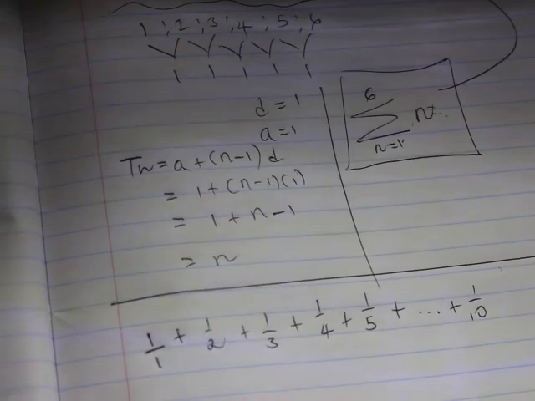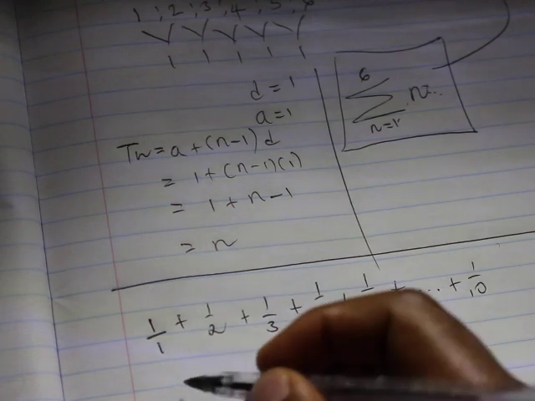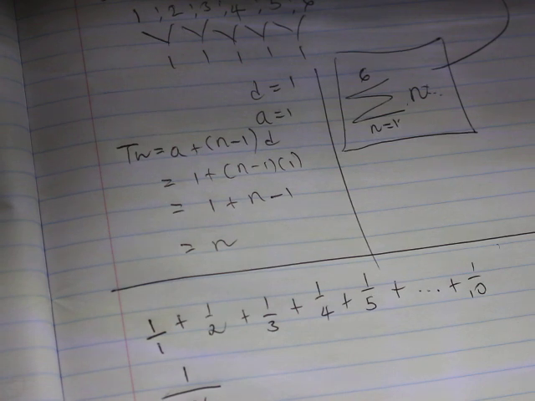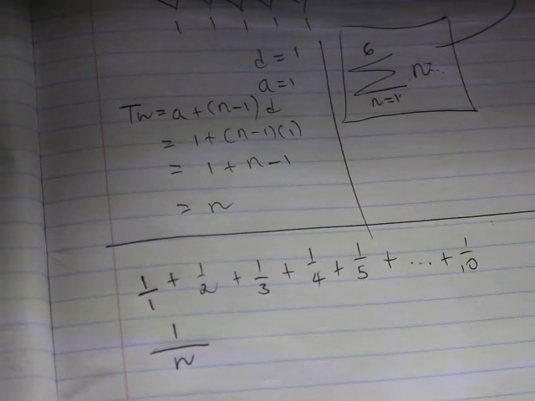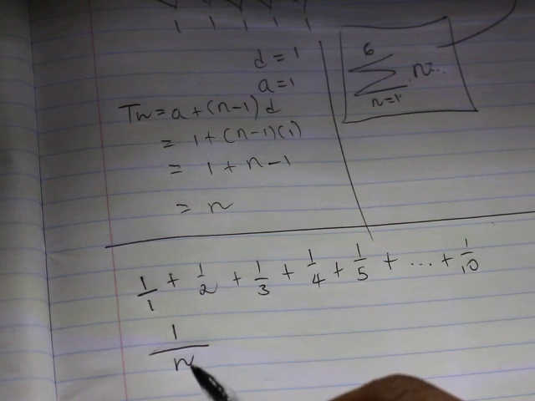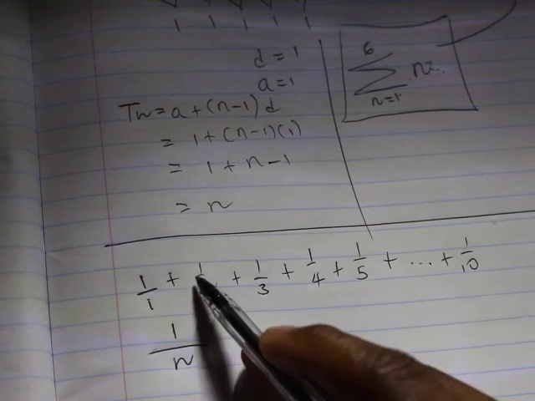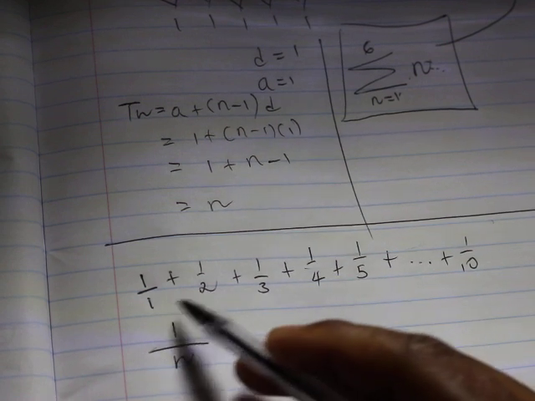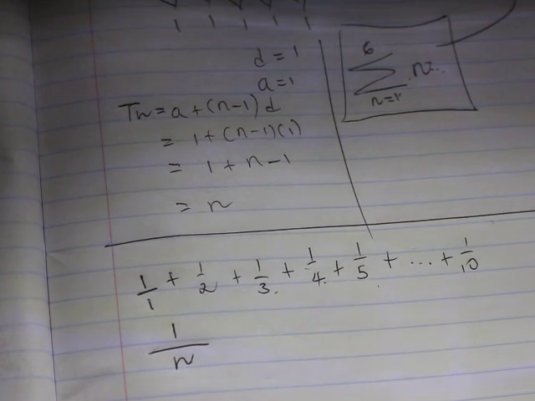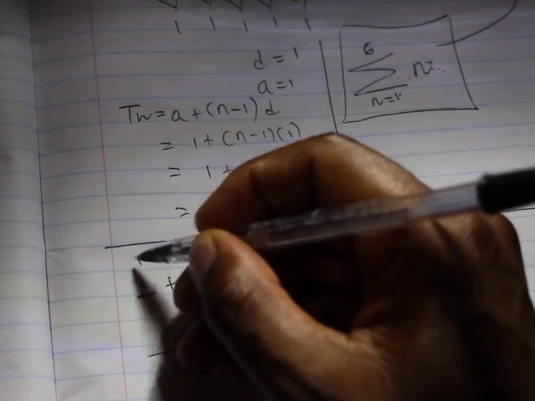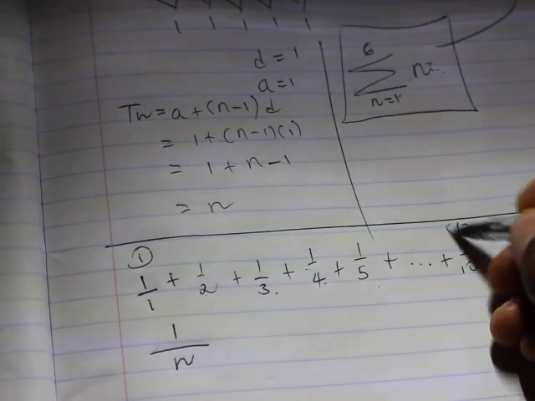So the general term is going to be 1 over n, because the general term for the numbers underneath the division line is n. So 1, 2, 3, 4, 5 up to 10. So this is term number 1 and this is term number 10.